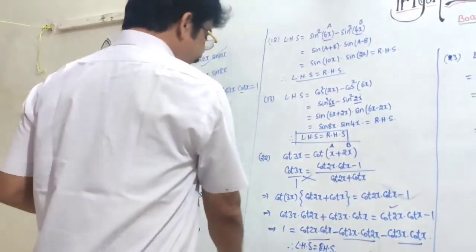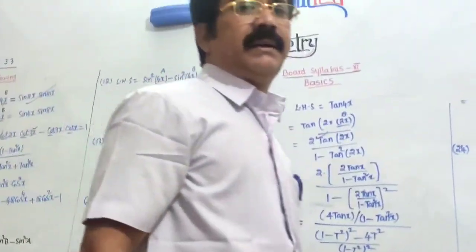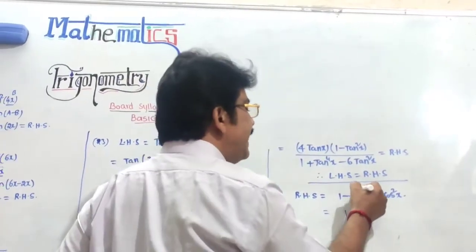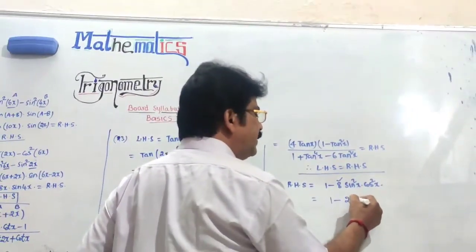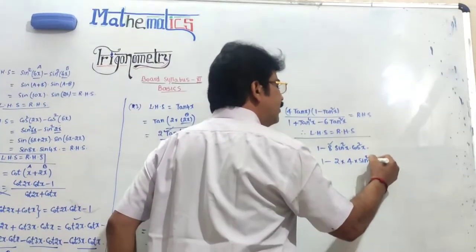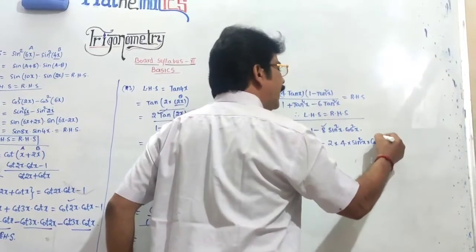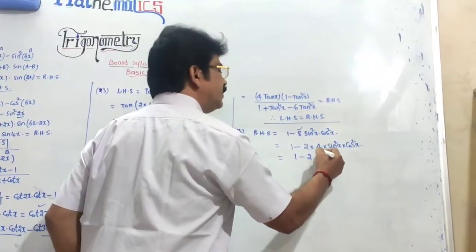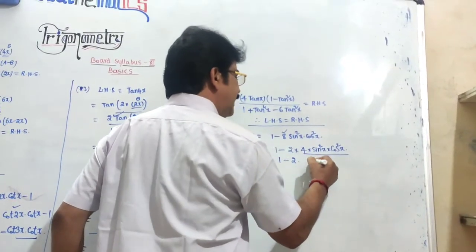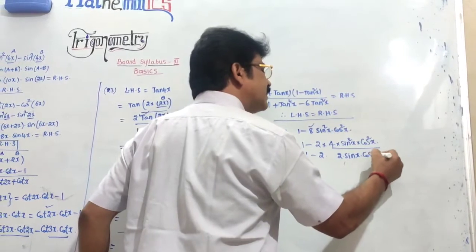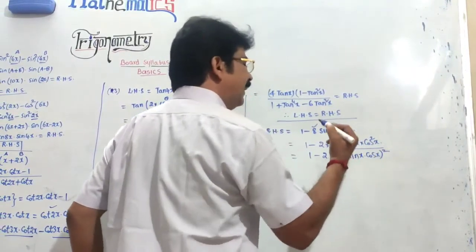Later I will write another formula according to necessity or situation. This 8 can be written as 2 into 4 into sin square x into cos square x. So that is equal to 1 minus 2 into, actually this product is 2 into sin x into cos x, whole square, like that.